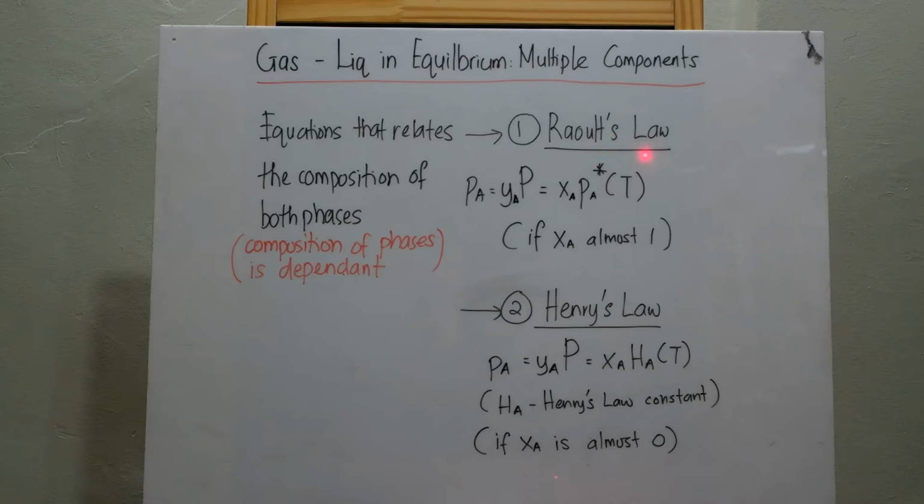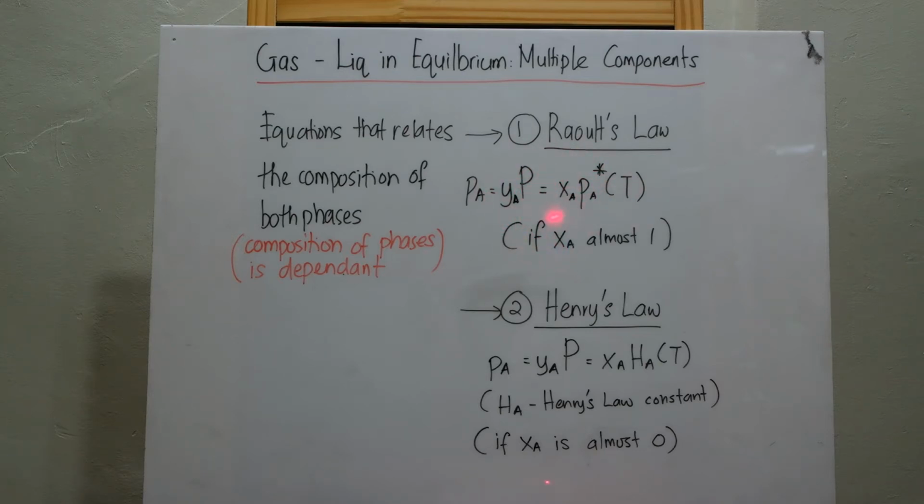So, what is important about these two laws? When we know the composition of one phase which is in equilibrium with another phase, and we also know the system temperature or pressure, we can determine the composition of the other phase that is in equilibrium with the phase that we know.